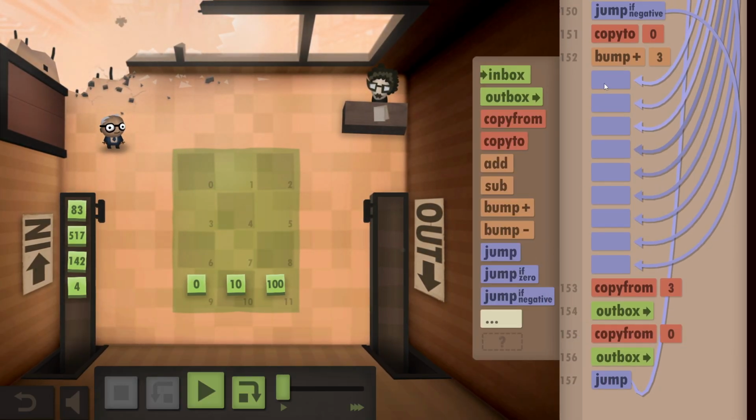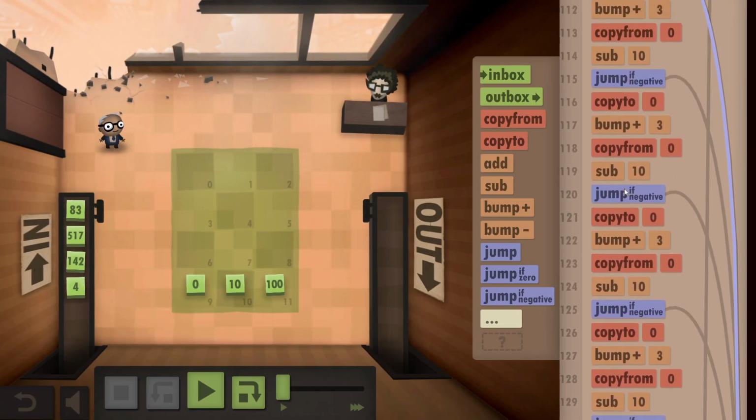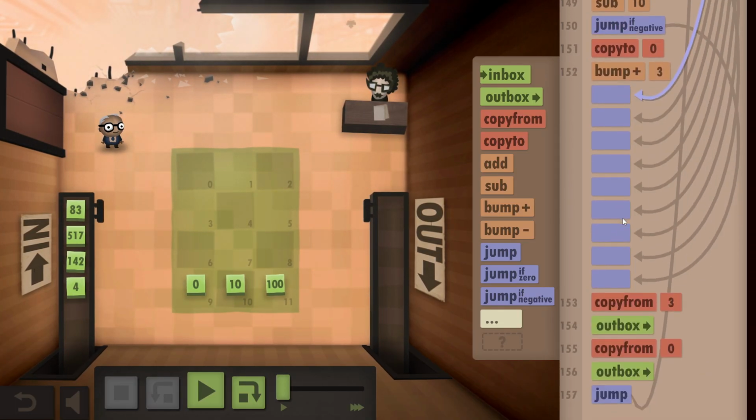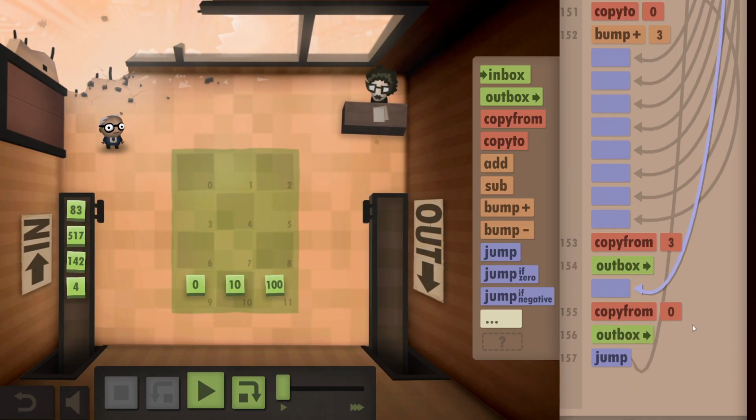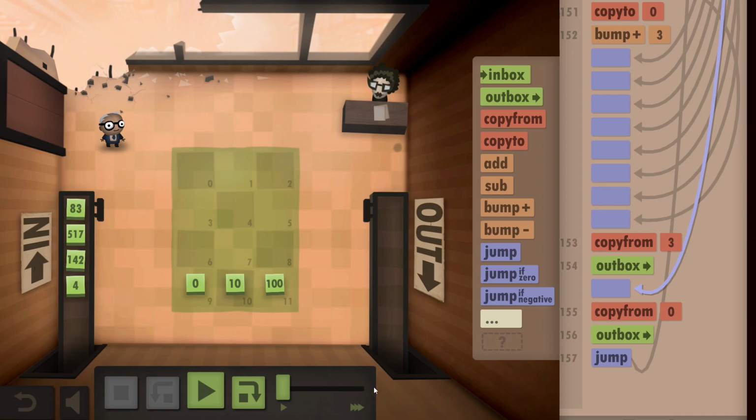And the first jump, if the first one is 0, all we need to do is this. Let's play and see.